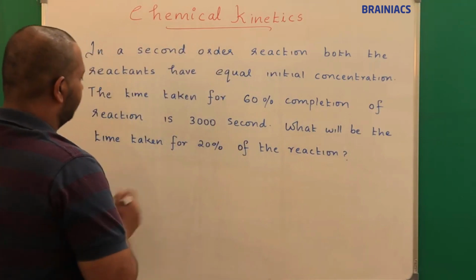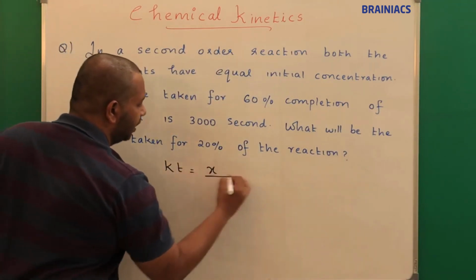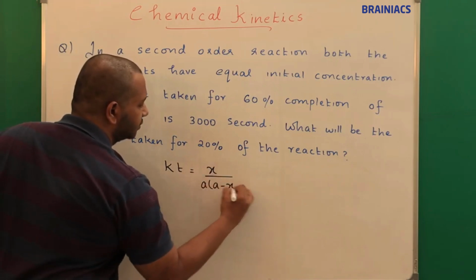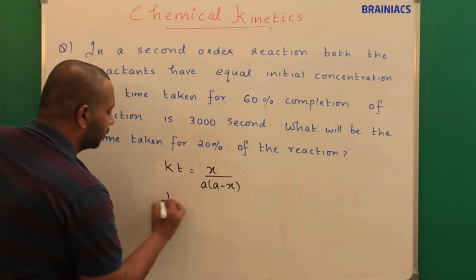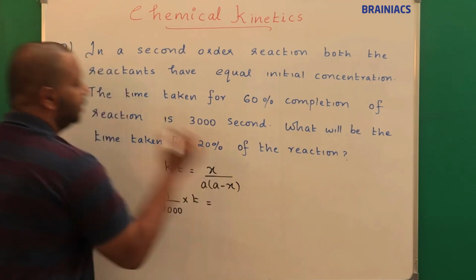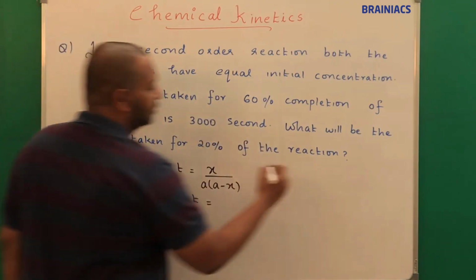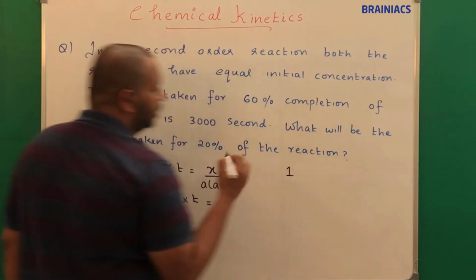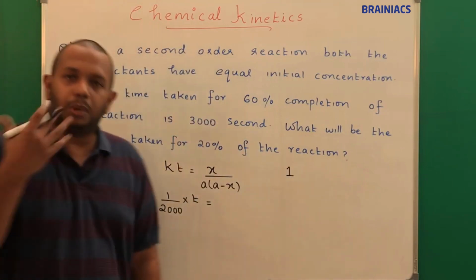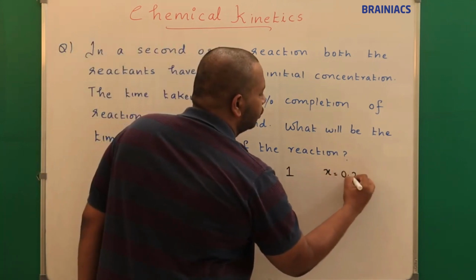Again the same equation holds good: Kt is equal to X by A into A minus X. Now the K value we have calculated, that is 1 by 2000 into T. This time they are telling 20% of the reaction is completed. Initial concentration was 1, so 20% completed means 20 by 100, 0.2. So X is 0.2.